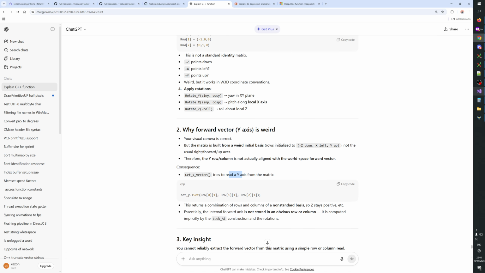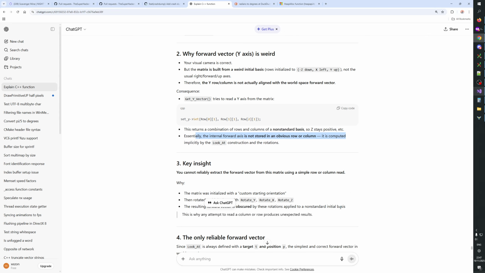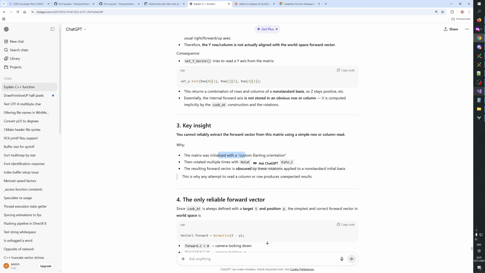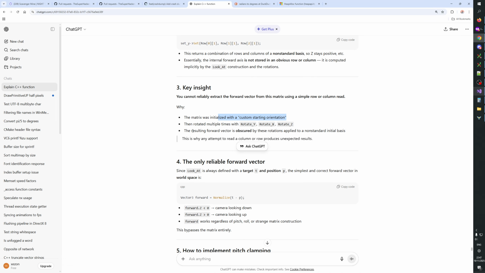Consequence, GetY tries to read a y-axis from the matrix. This returns a combination of rows and columns of a non-standard basis, so Z stays positive. The internal forward axis is not stored in an obvious row or column. What? You cannot reliably extract the forward vector from the matrix. Custom starting orientation. Then rotate it multiple times. The resulting forward vector is obscured by the rotations applied.